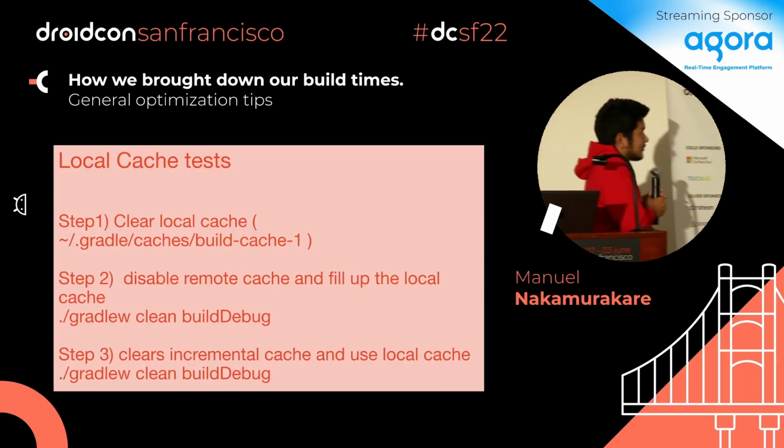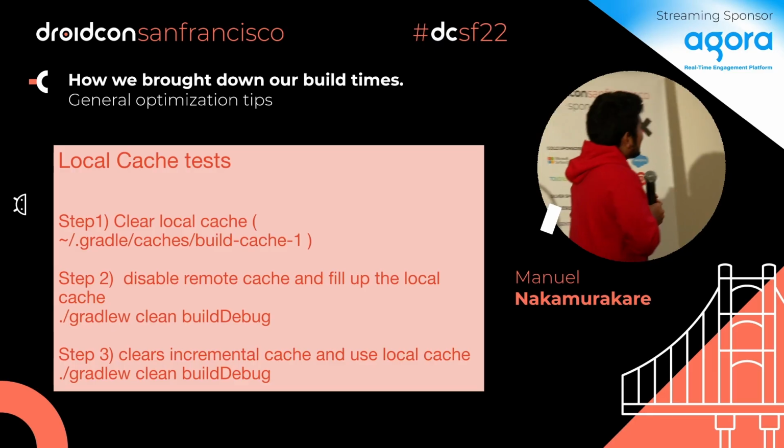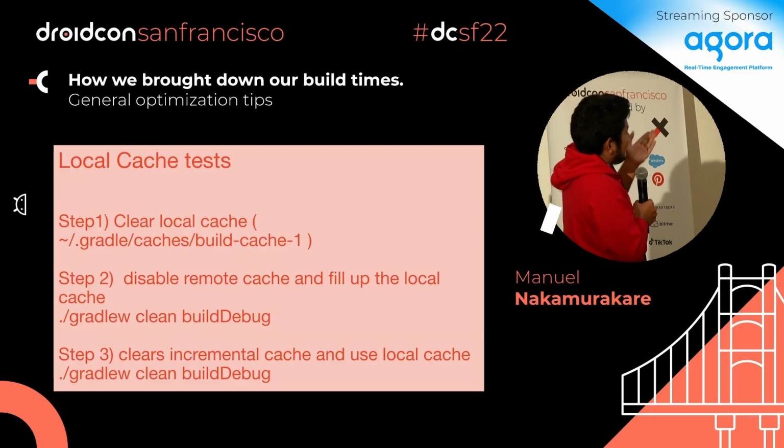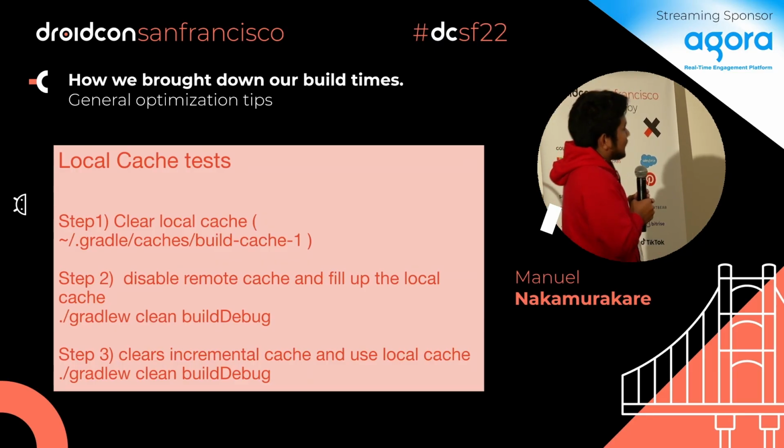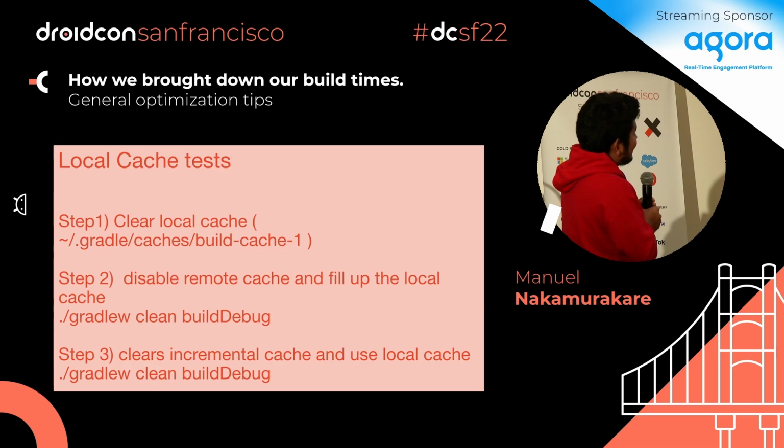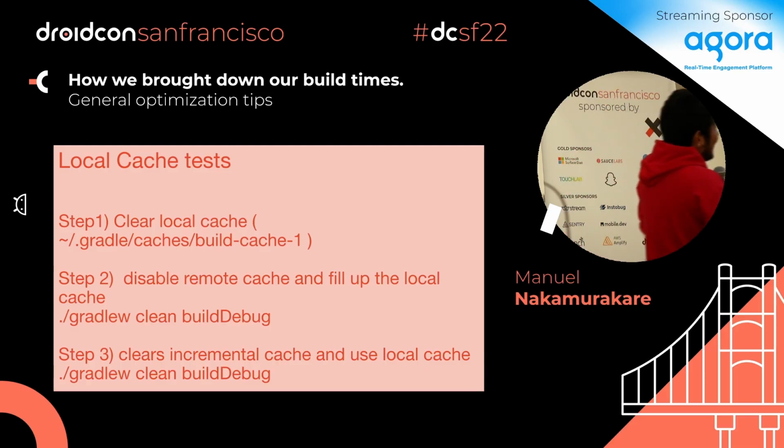If you want to test how your local cache is performing, here are some steps that you can take. The first one is make sure to remove the local build cache. Second, in case you have a remote cache, disable it so that it doesn't interfere with the test, and fill up the local cache.